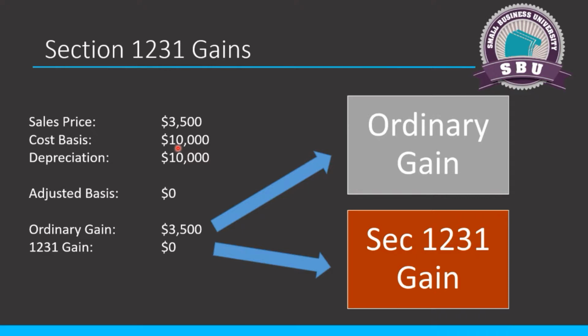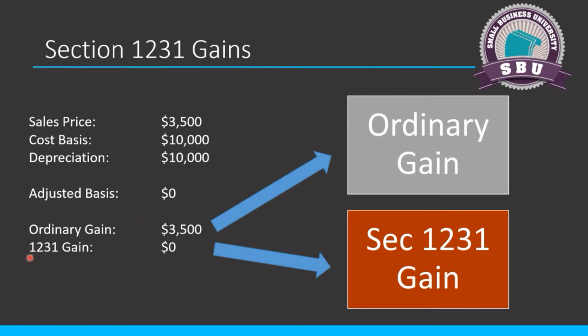Technically, if it was still worth $3,500, we shouldn't have been able to, in common sense terms, depreciate it down to $0. That's why we have to claim ordinary gain. Now, this ordinary gain goes on the first page of the 1120S. So this is taxable as a regular income item.